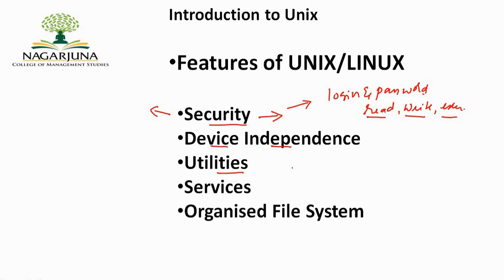One is the text editor, the next one is the search program, and the other common utility is the sort program. These three are the common utilities supported by your Unix operating system.